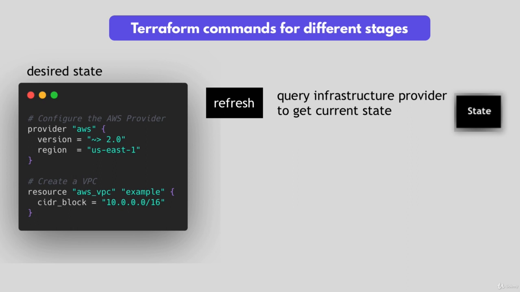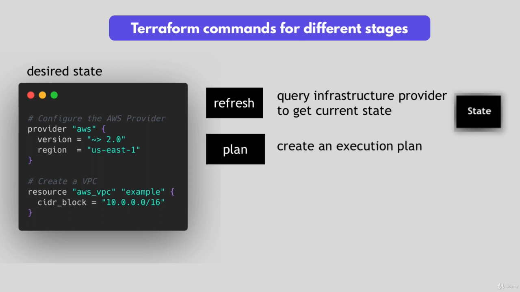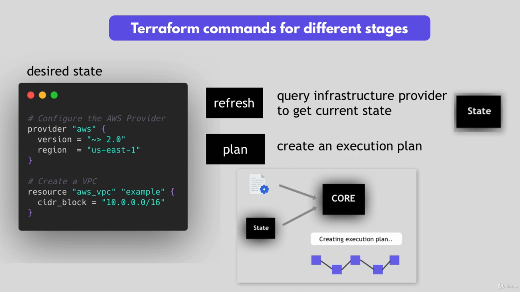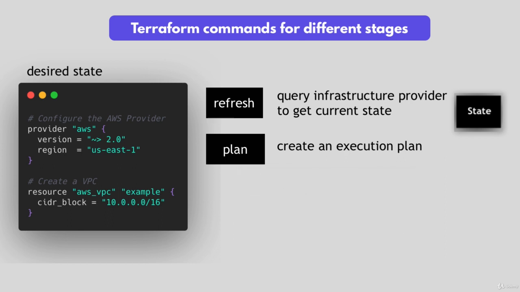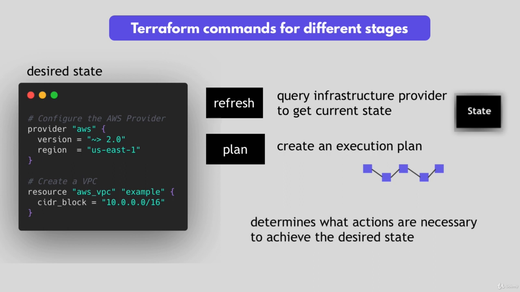The next command is plan. Remember I said the core is responsible for taking current state and your configuration file as input and decide based on the difference what needs to be done. That's the plan. So what Terraform needs to do in order to achieve that desired state that you defined in the Terraform configuration file. If it's an initial setup, it figures out all the steps to create the desired setup.